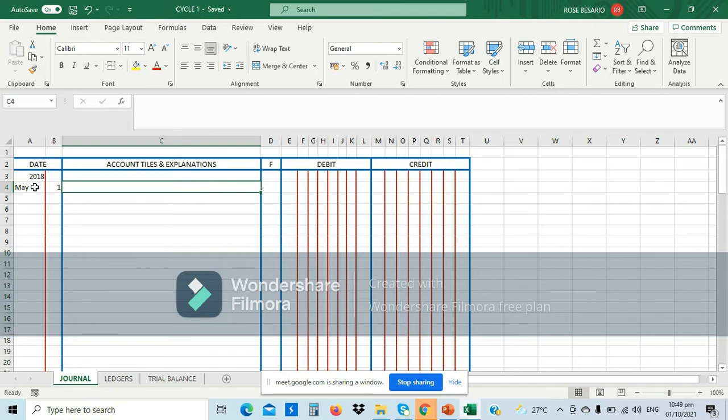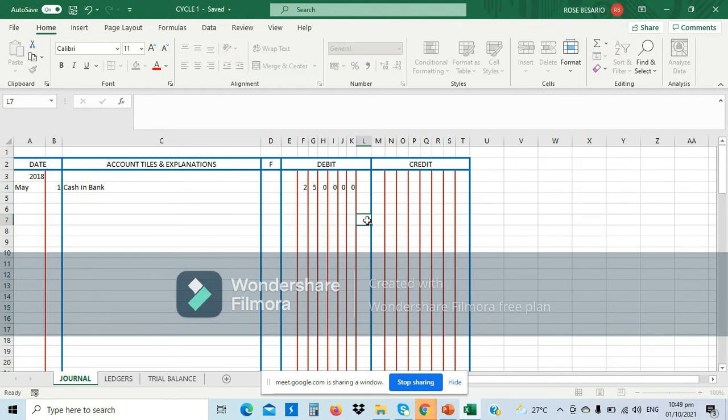Since it's a deposit to the bank, it will be cash in bank, 250,000. Enter 0 to make sure that you are placing the correct figure in the correct column, because each column has a specific value.